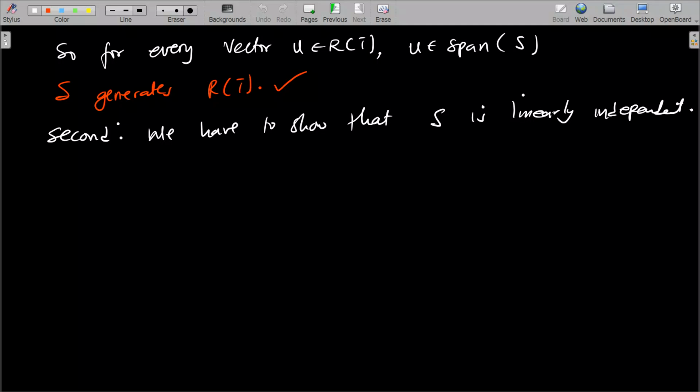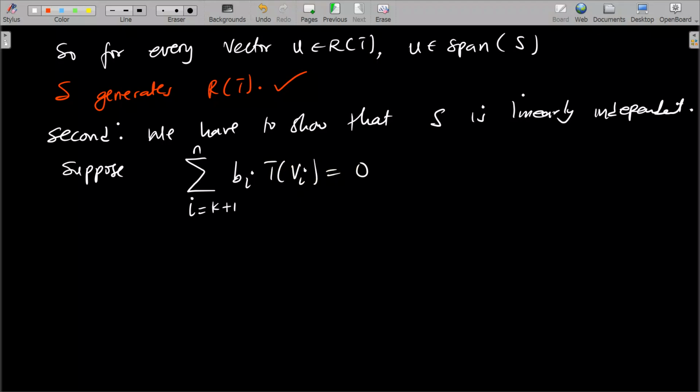using some claim. Now suppose that, how do you show that something is linearly independent? We're going to suppose that we have a linear combination of vectors in S. Suppose that the summation as i goes from k+1 to n of b_i T(v_i) equals 0.